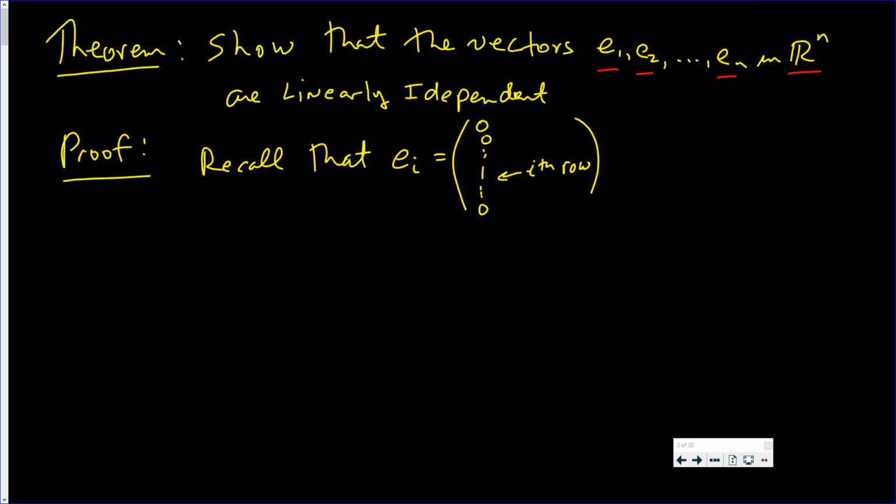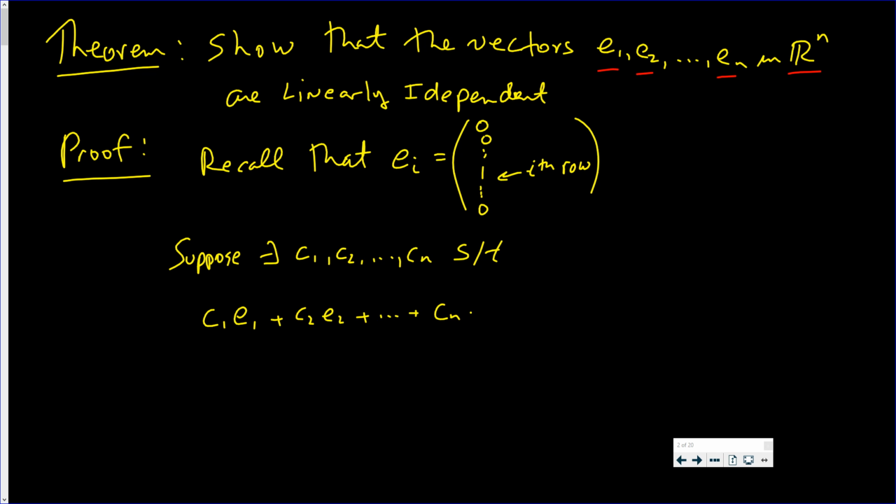So suppose otherwise. Suppose it's linearly dependent. Suppose there exist C1, C2, up to Cn such that C1 E1 plus C2 E2 all the way up to Cn En is equal to 0.